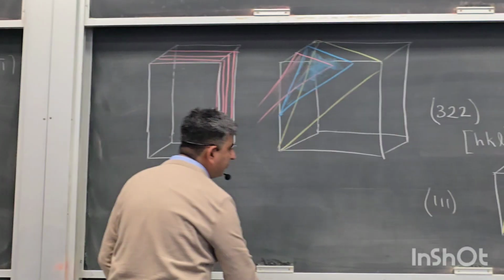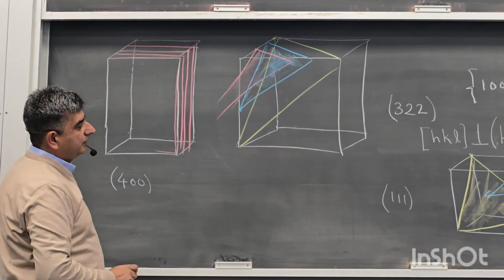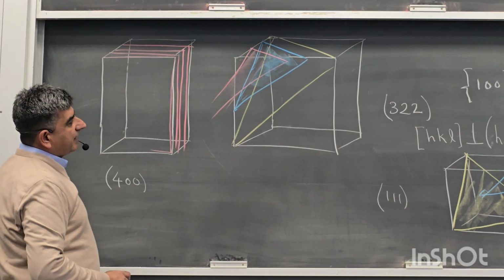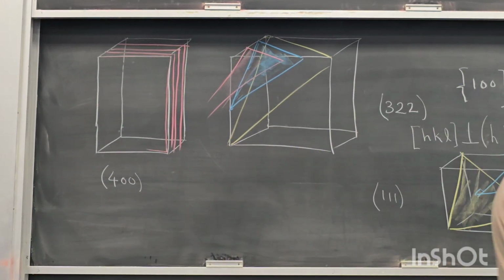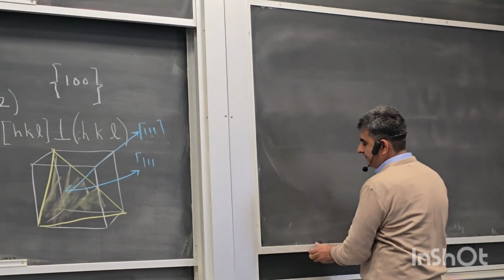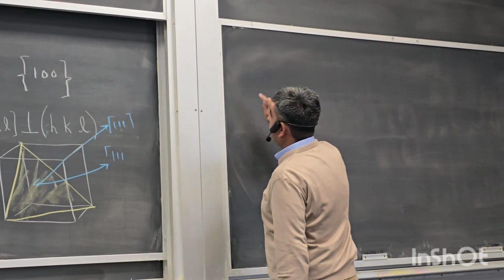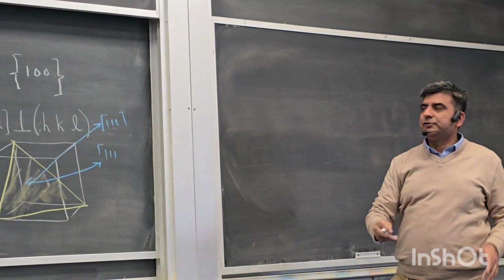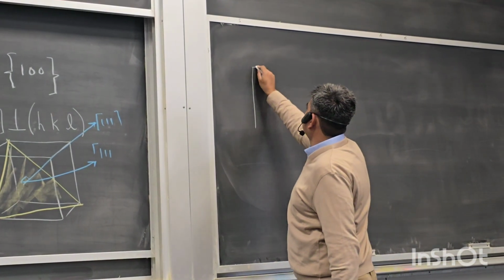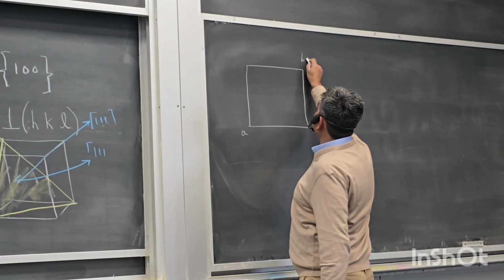For example, if I look at the tetragonal system, in the tetragonal system, the A and B are equal. So suppose I draw a projection of A and B. So these sides are equal, right?